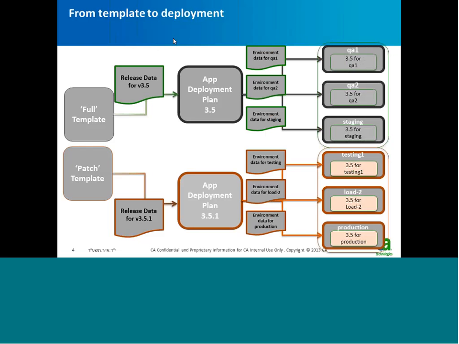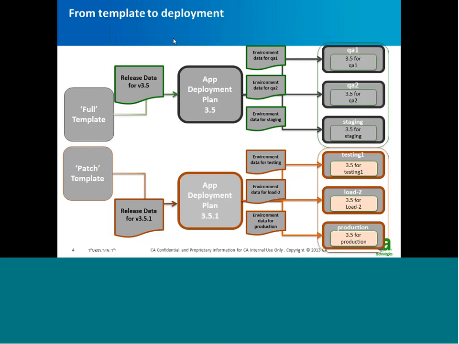We just associated the relevant environment data with each deployment, and with the same deployment plan we end up with the same results across the different environments. So you have the assurance that once you have deployed the release content to the QA environment, whenever you promote the release to the next environment, we will use exactly the same logic and the same content.